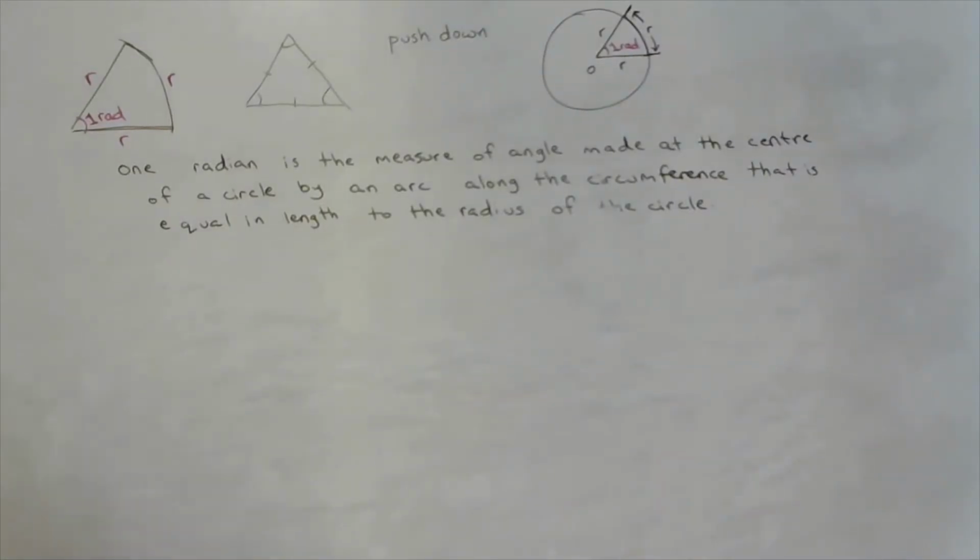Beside your next little diagram, you have a sentence that starts with the radian measure of an angle theta.